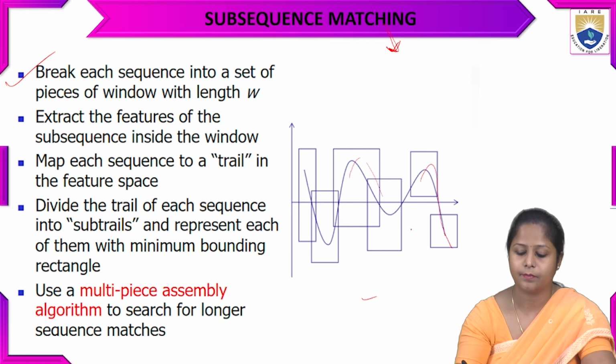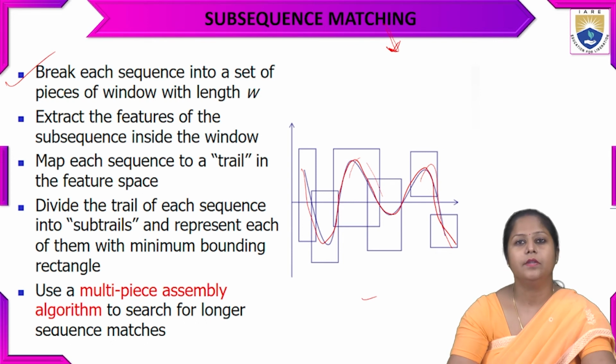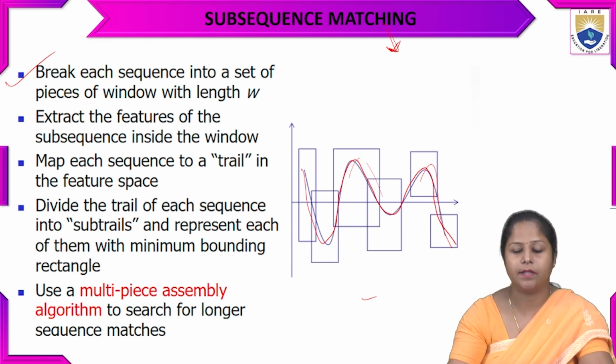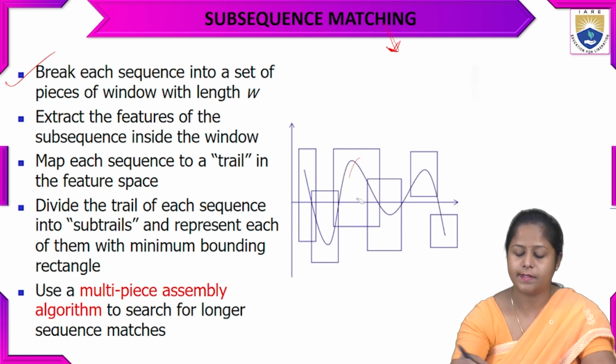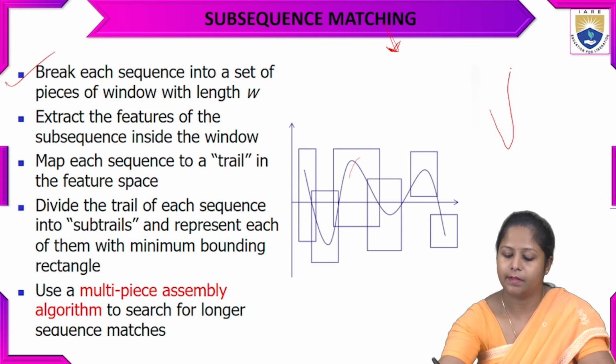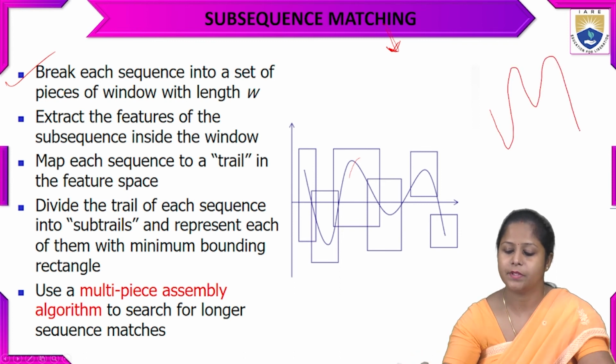So what is subsequence matching? We take a set of pieces: this piece, then this piece, like this. We have some trend.